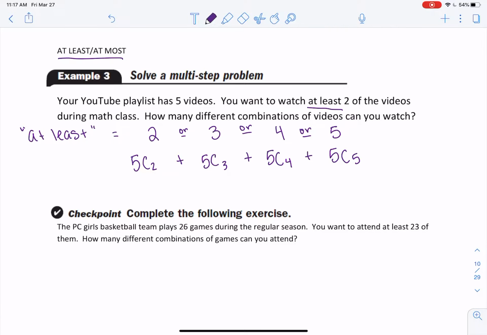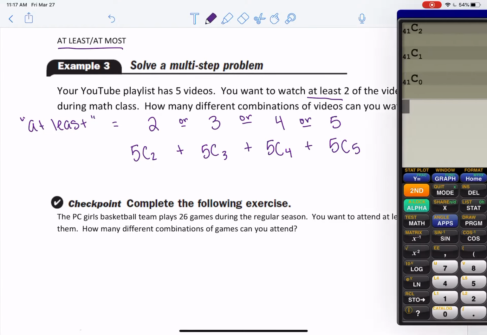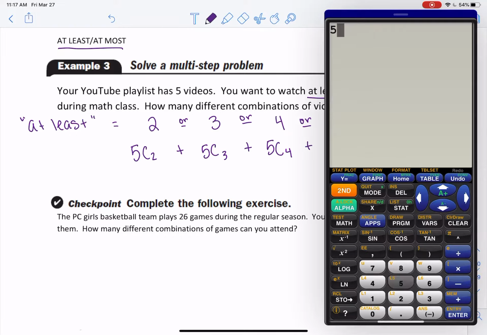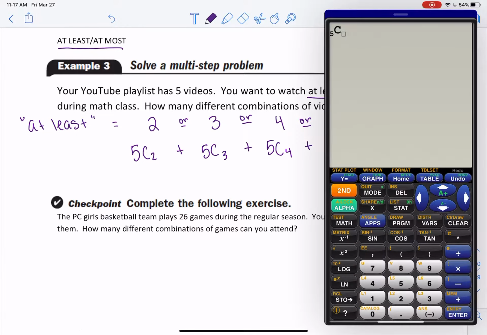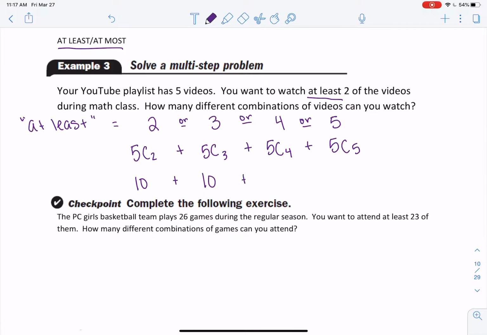So you would have to type that in your calculator. Just a quick reminder on how to do that. I would do 5, math, go over to probability, the third one down, choose 2. So that gives me 10. Okay. And then 5, probability, choose 3, also gives me 10. And then here this would be 5, and then that would be 1. So total would be 26.